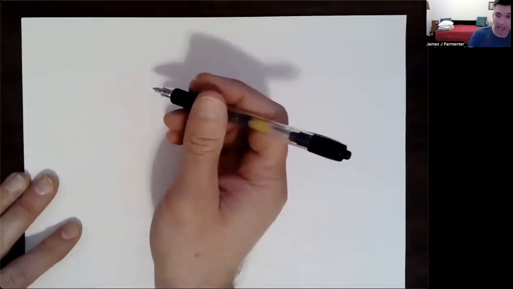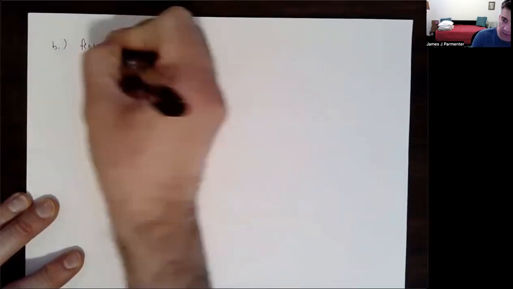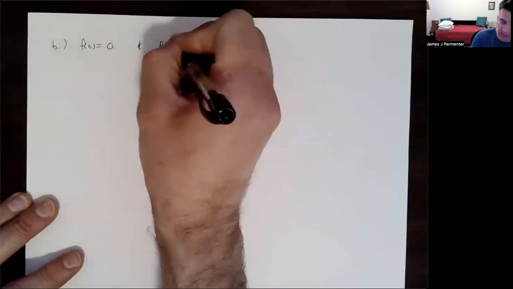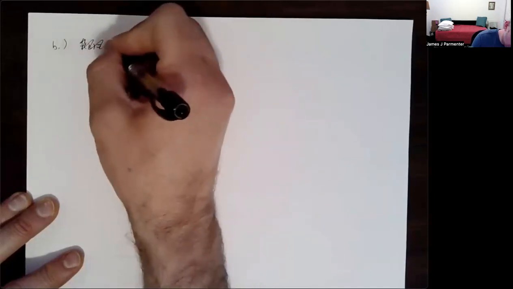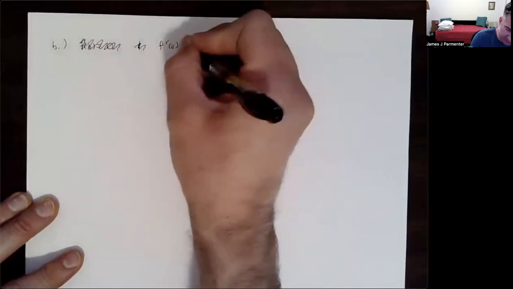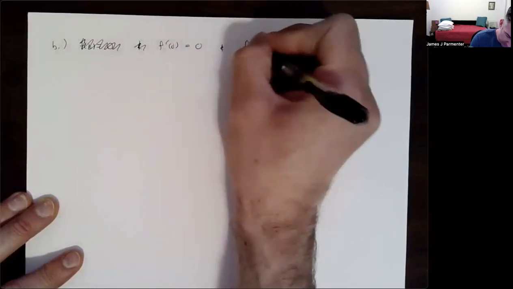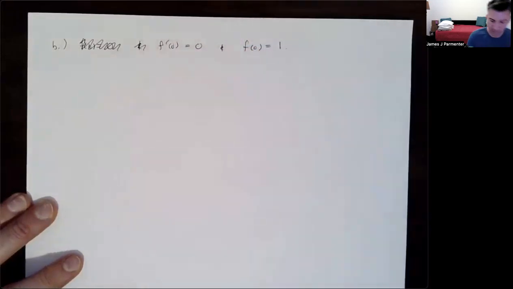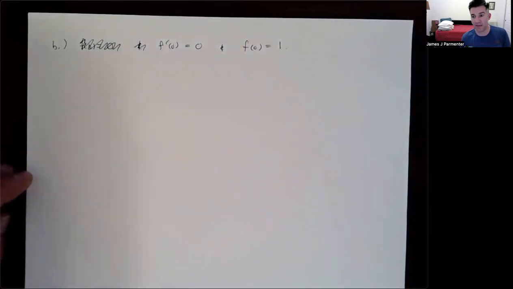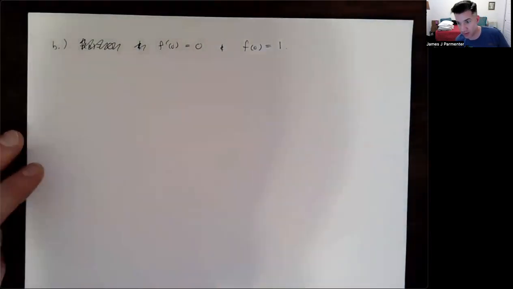So same assumptions, but now we're given that f prime of 0 is equal to 0 and f of 0 is equal to 1. Is it possible that f has no x-intercept?